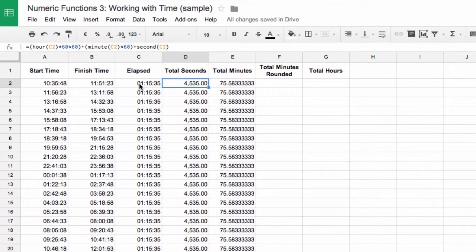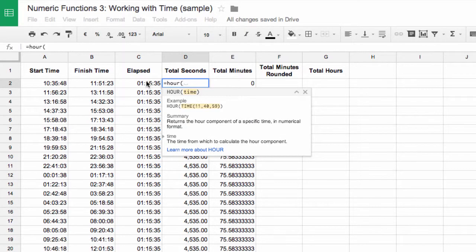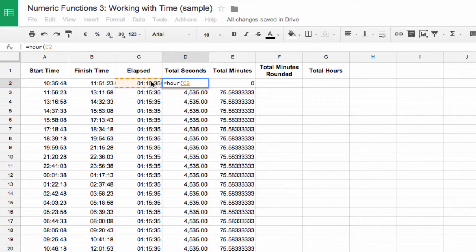Well, I have to take the hour amount and convert it into seconds, take the minute amount and convert it into seconds, and take the seconds amount, and add the three components together. So I use three functions: equals hour, open bracket, and then multiply that by 3600, which is 60 by 60, or alternatively I can just multiply by 60 to convert it to minutes, and then 60 again to convert that to seconds.